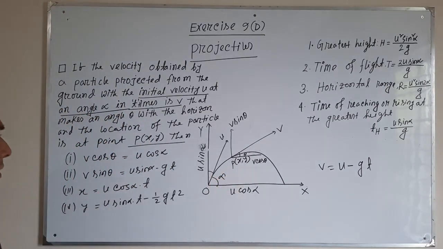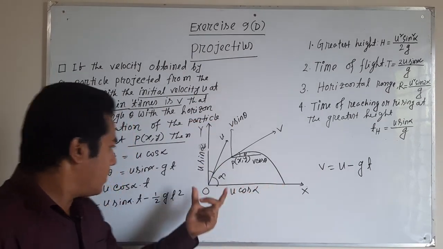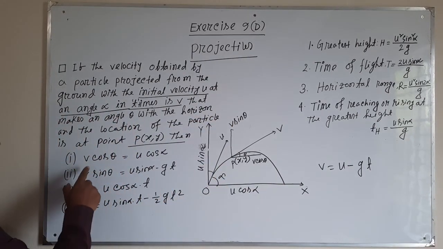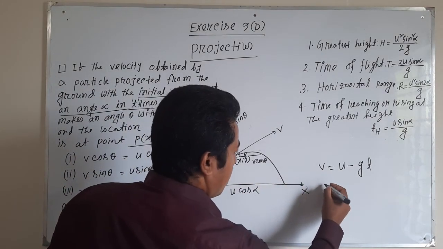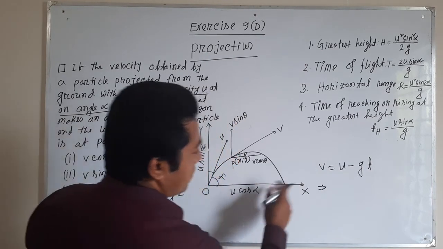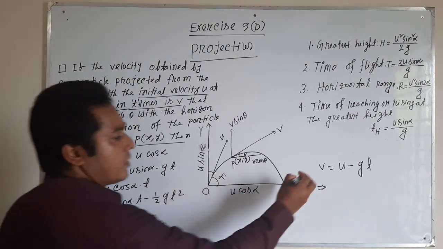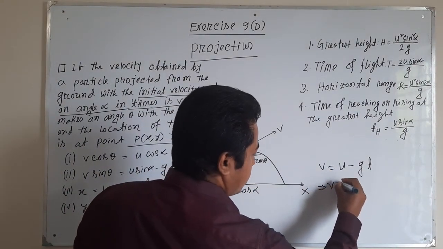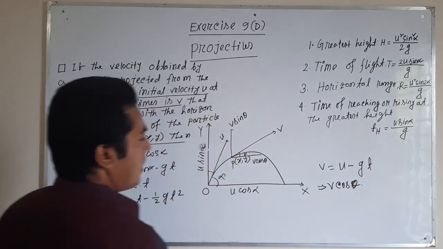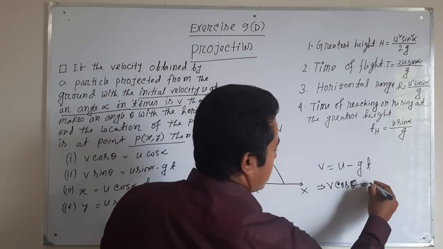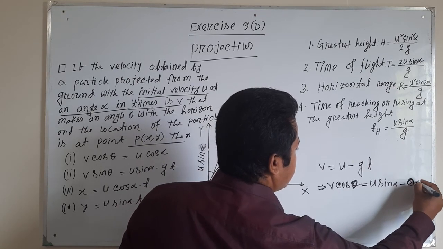For the projectile case, this equation will be, along the horizontal line, v cos theta equals u cos alpha minus 0 into t.